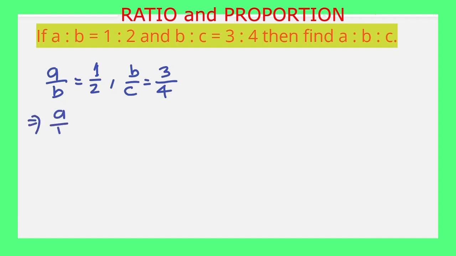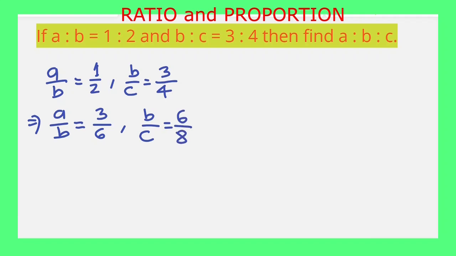So A upon B becomes 3 upon 6 if we multiply numerator and denominator by 3, so that we get B equal to 6. And in B upon C, we multiply numerator and denominator by 2 to make B equal to 6. So 3 times 2 is 6 and 4 times 2 is 8.